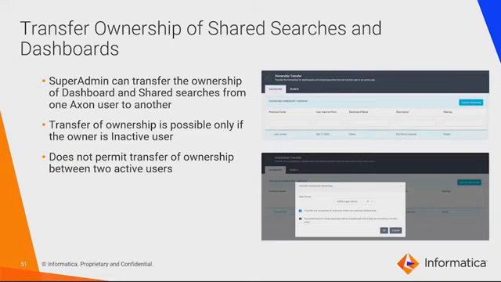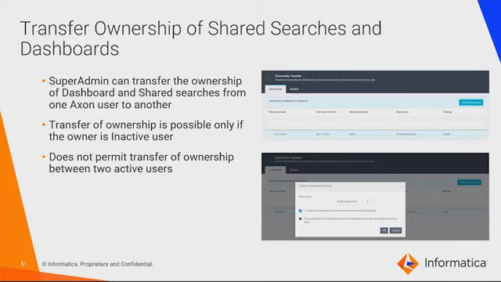Both dashboard and the search will be displayed, and it lists only the users which are inactive on the dashboards or searches which they are owning. Select any of them and click on the transfer ownership. You can see a list of new owners which has to be selected, and you can do a transfer of ownership there. That's it from the 722 perspective.